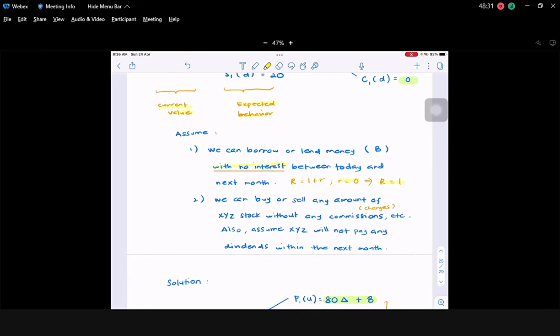Assume XYZ will not pay any dividend within the next month. The idea here is we just want to simplify this model. So we assume no interest, no commission, meaning no charges involved in selling or buying stock. Another assumption, no dividend.